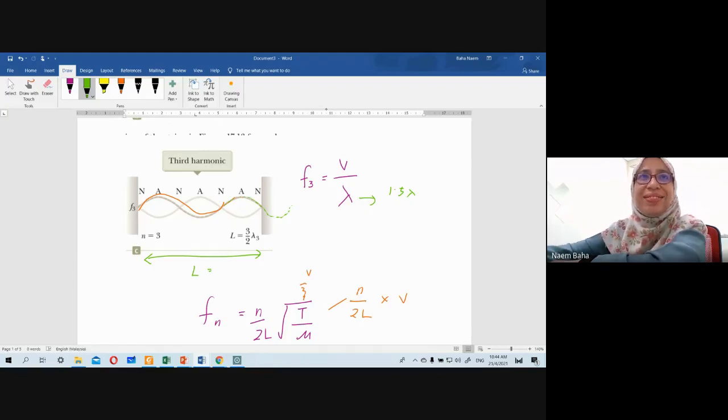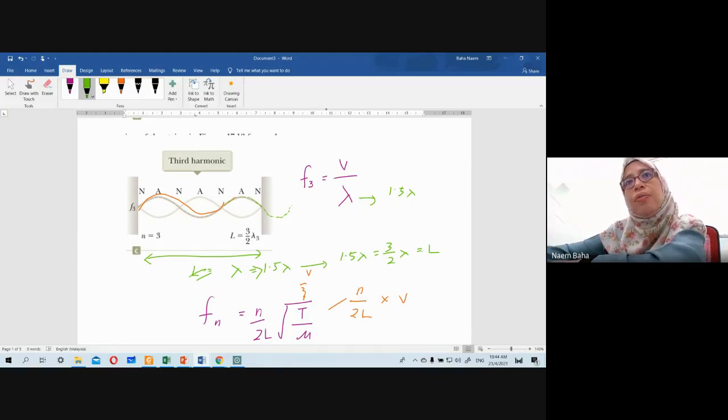Overall, throughout the whole string, I have 1.5 lambda. Therefore, this 1.5 lambda is also equivalent to 3/2 lambda observed in the whole length.